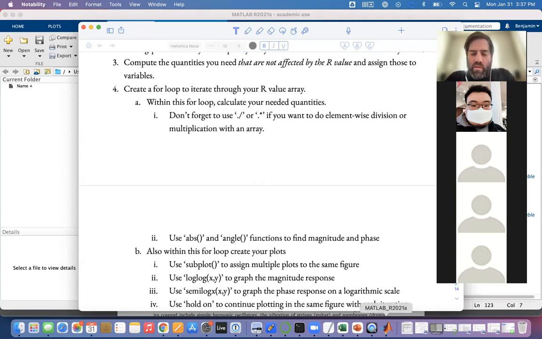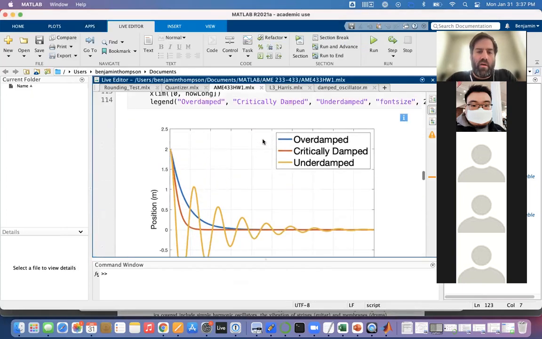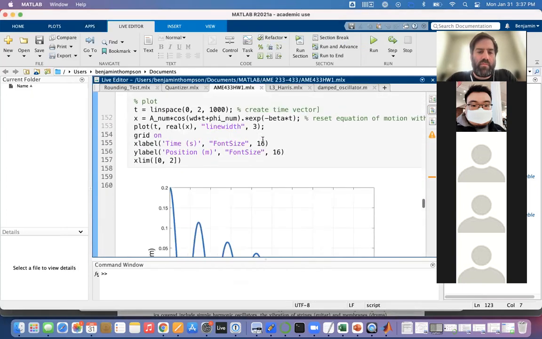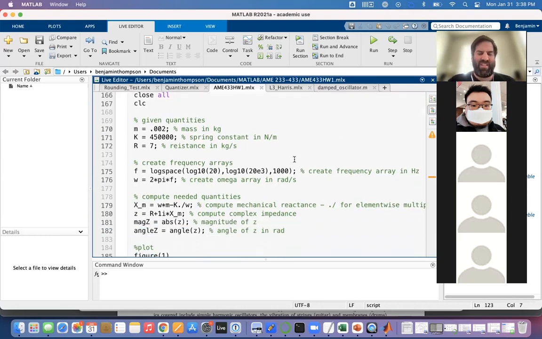But let's take a look at what it looks like in my implementation here. So problem 7. I didn't want to show you exactly what this looks like because I just didn't want to give away the answer, so I changed some constants here. It's going to look awfully similar, but I think that's okay.